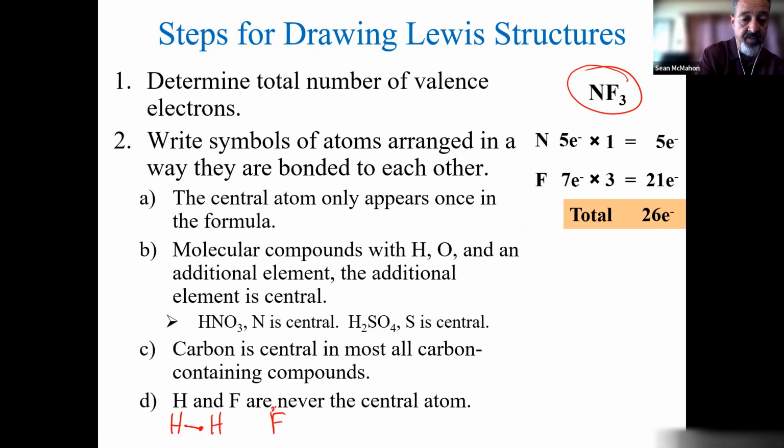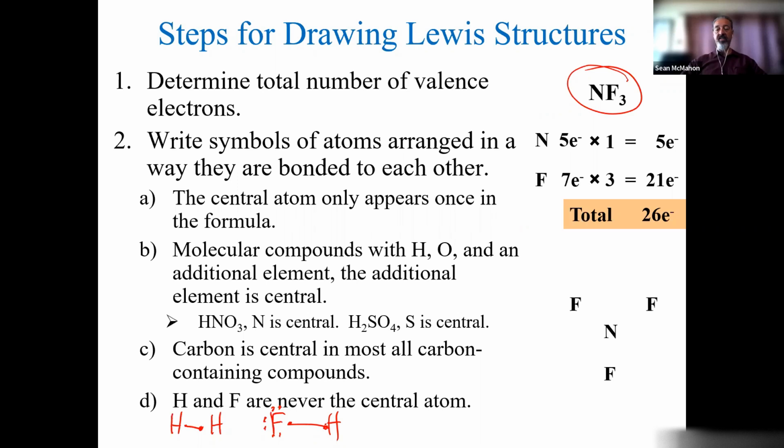Fluorine, it's group 7A, and it needs one more electron, so it tends to form a bond as well. But it's typically not a central atom because it's not very metallic. So that's another reason why that tends not to be a central atom. These 2 elements tend to form only single bonds.